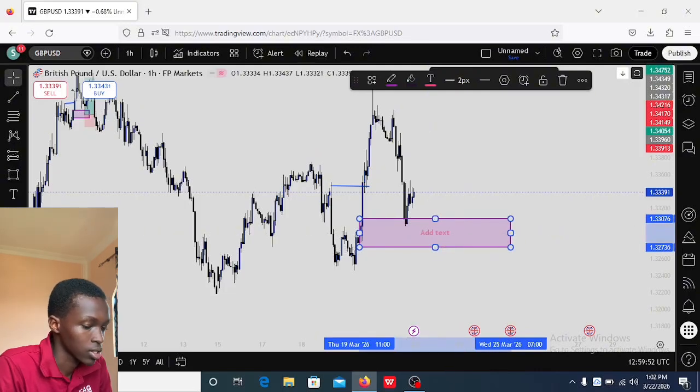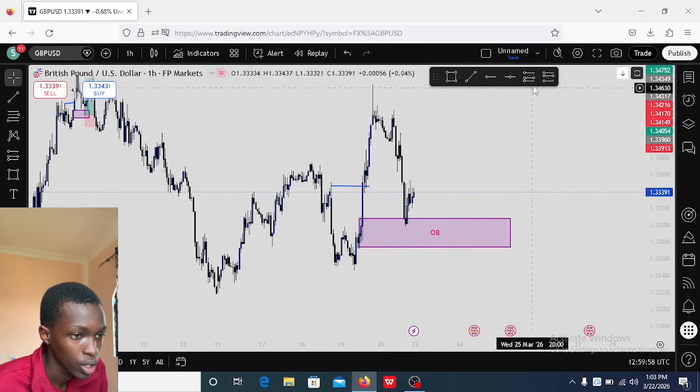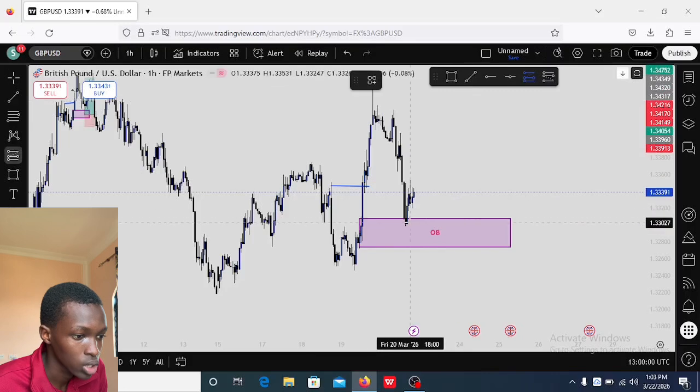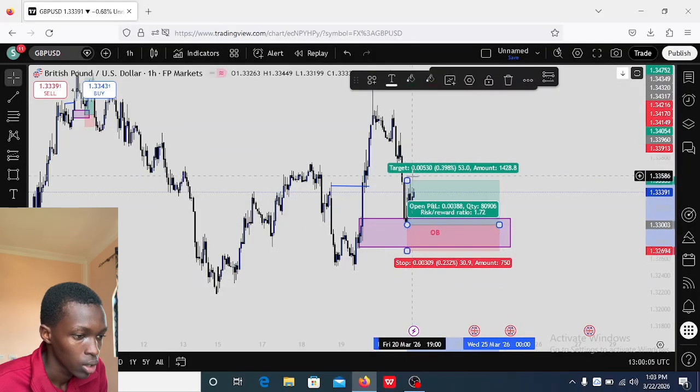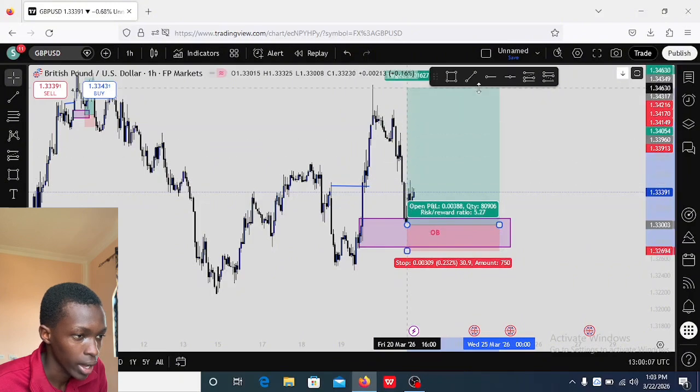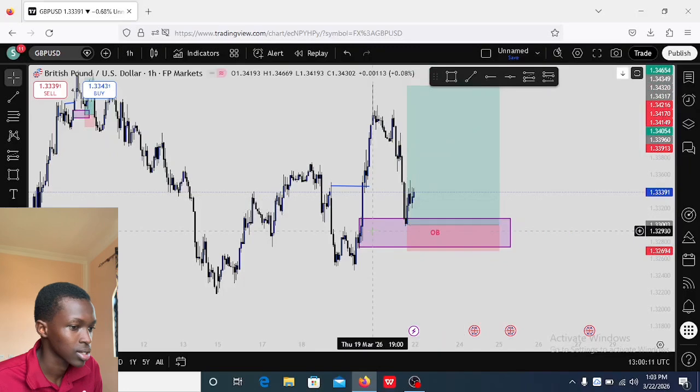Price tapped into it and moved. So right now what you can do is place your long and target the next high. As simple as that.